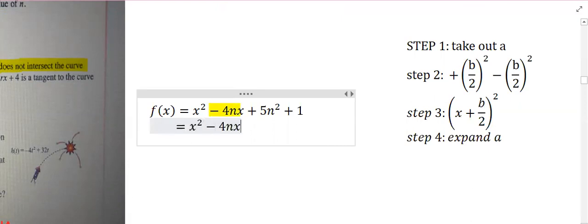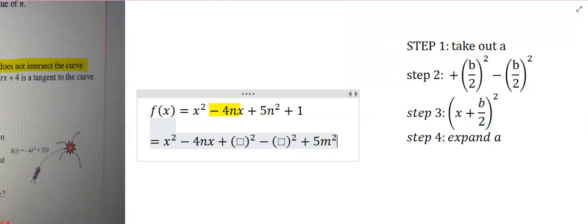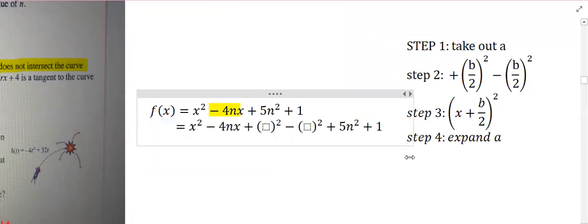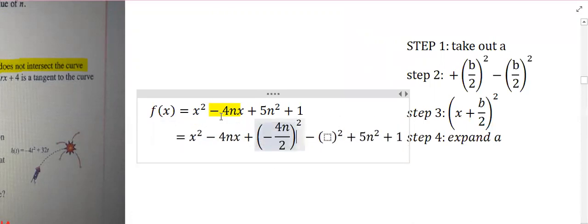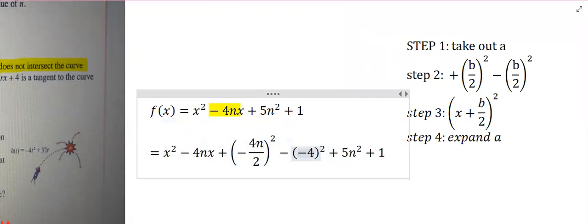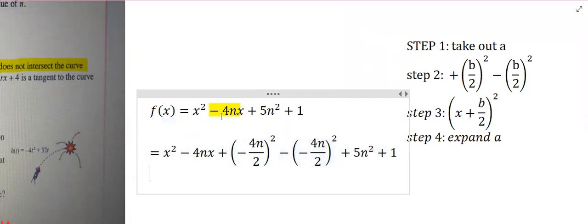So negative 4nx plus b over 2 square minus b over 2 square plus c, 5n square plus 1. Okay, so inside the bracket I need to put b over 2. So negative 4n per 2. Here also negative 4n per 2.